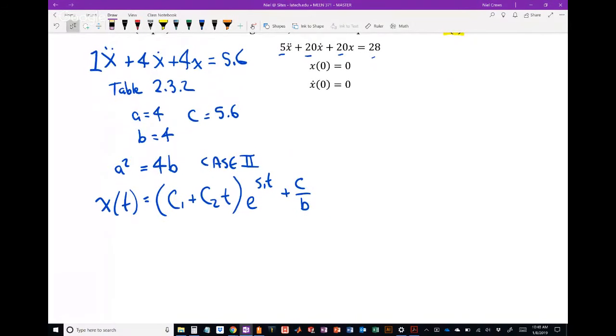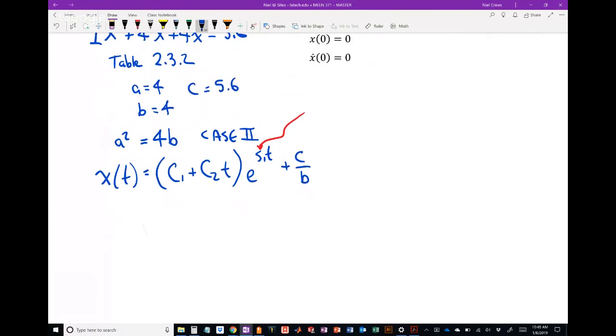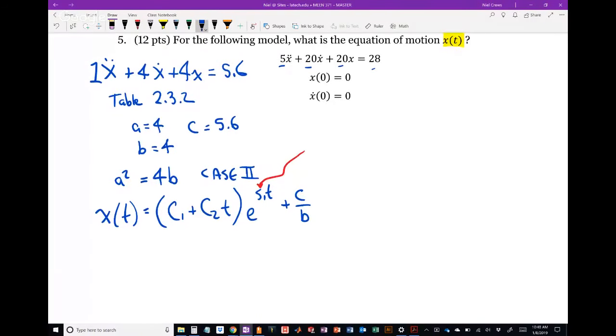What we see here, and I'm going to draw a little arrow, is that that is an s, which means we're going to need the characteristic equation. And we can develop that simply from here, right? Our characteristic equation, we understand, is s squared plus 4s plus 4, and we'll say equal to 0, and that's how we'll solve for our roots.